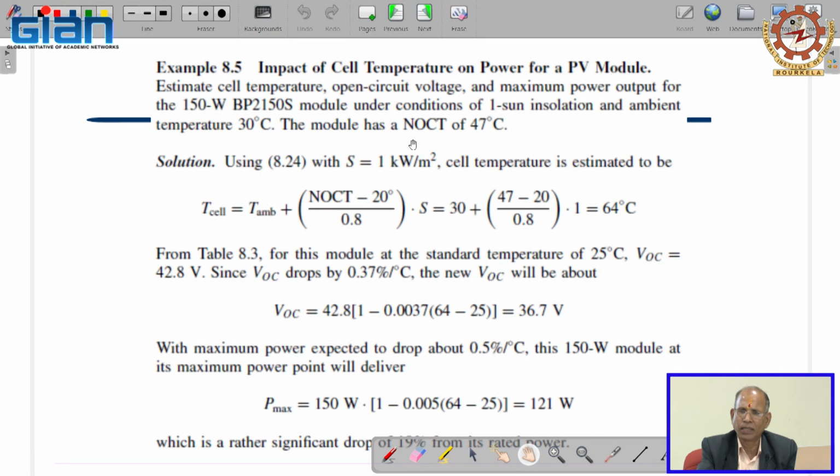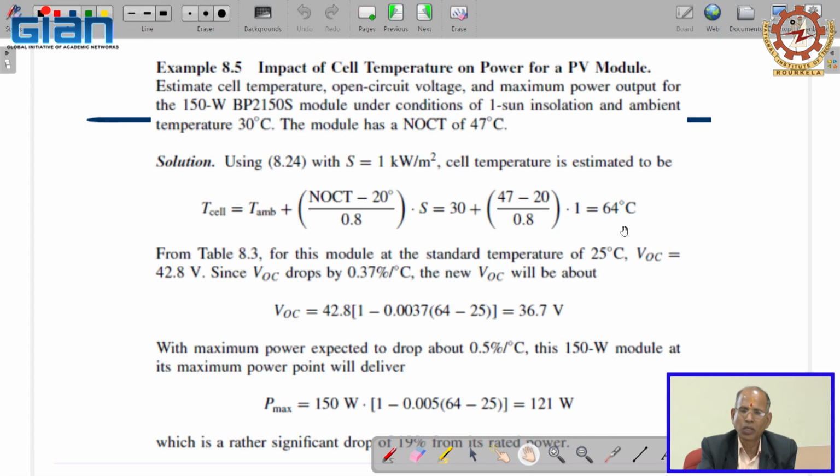The module has a NOCT of 47 degree. From this, we find the cell temperature using this relation. Ambient temperature is given as 30, NOCT is given as 47, minus 20, divided by 0.8, into 1 sun insolation. So it gives us a cell temperature of 64.